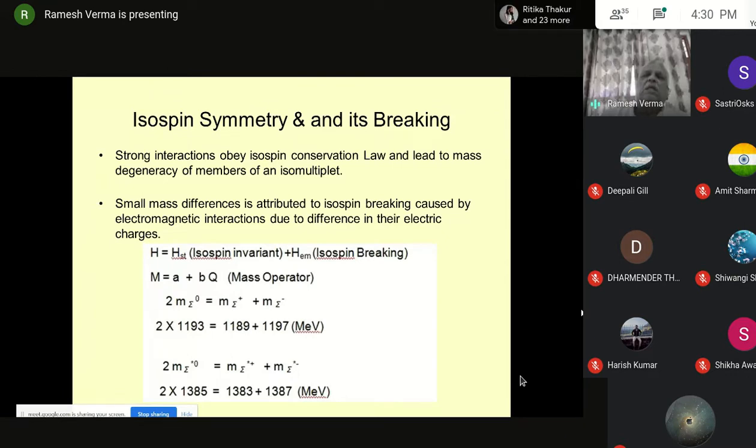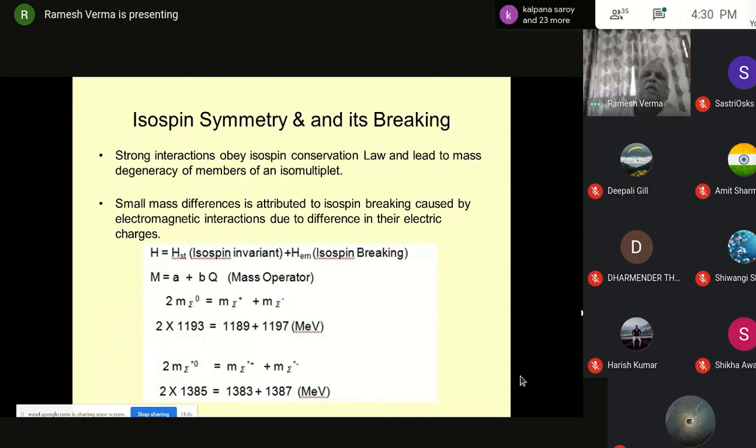So the presence of a magnetic field introduces a term in the potential which involves the S3 component of the spin. And you know that the S3 component does not commute with all the generators of spin symmetry. Therefore, it will break the symmetry.